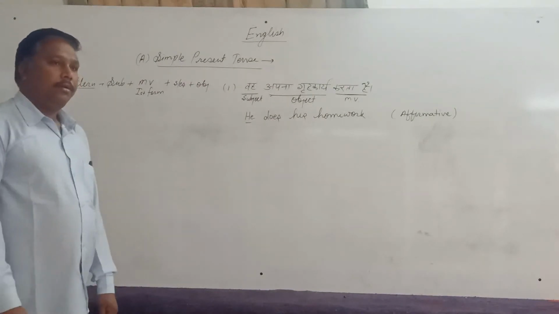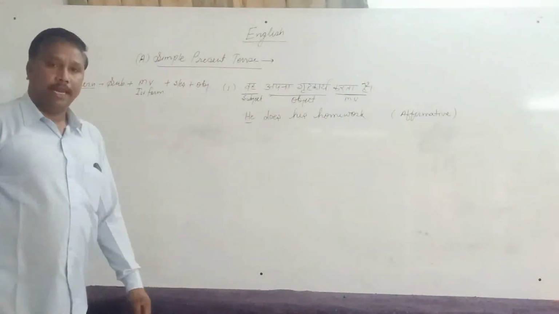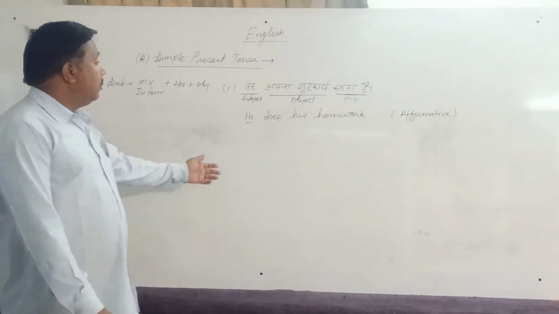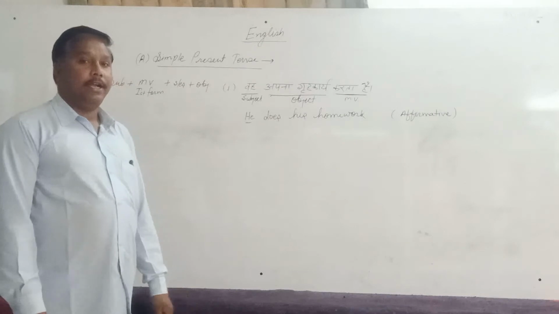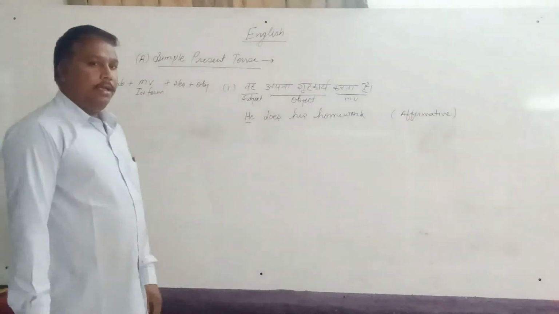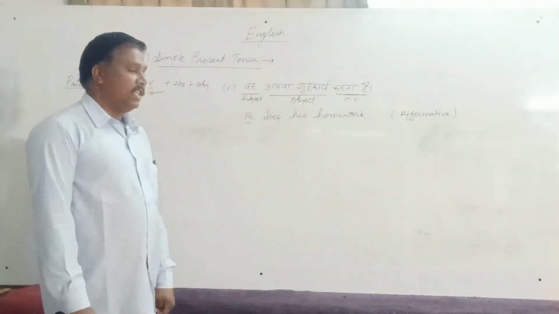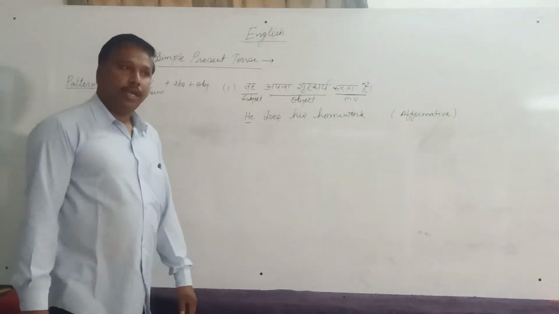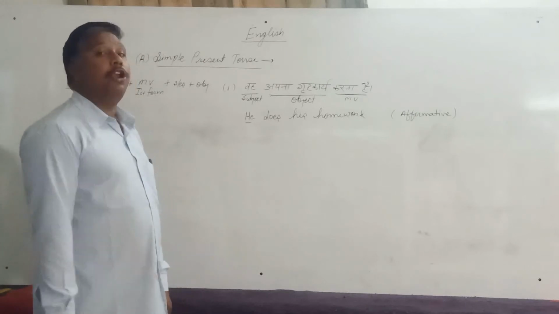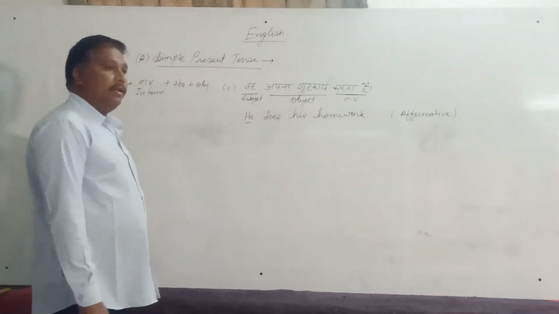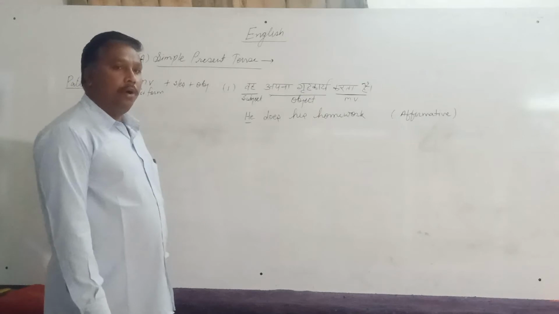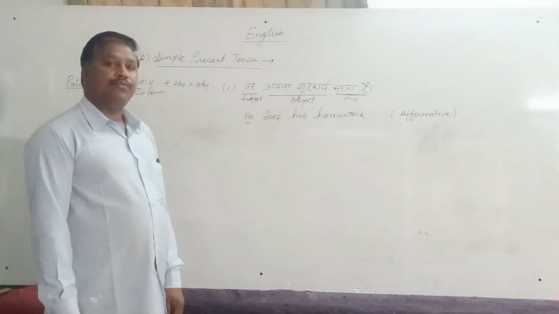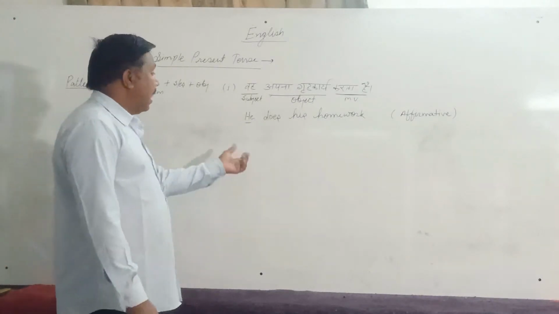Now we have to change it into negative sentence. So what is the procedure to change it into negative? Yesterday I told you that in negative sentence we always use a word, and the word is not. And not word always comes with helping verb.